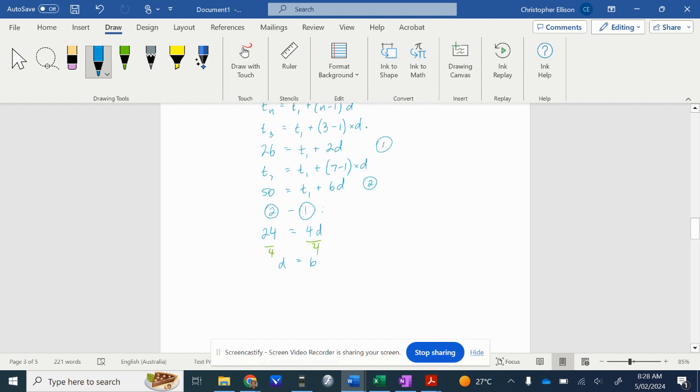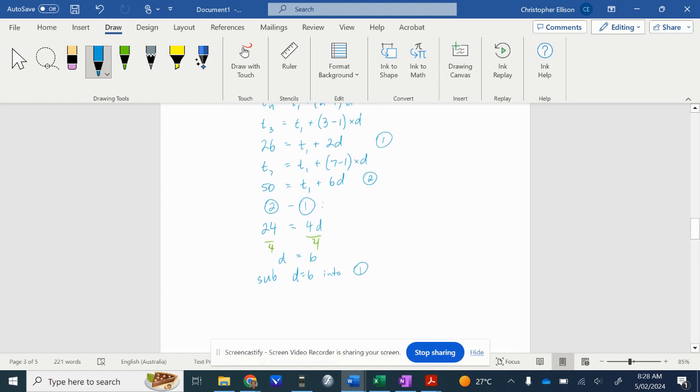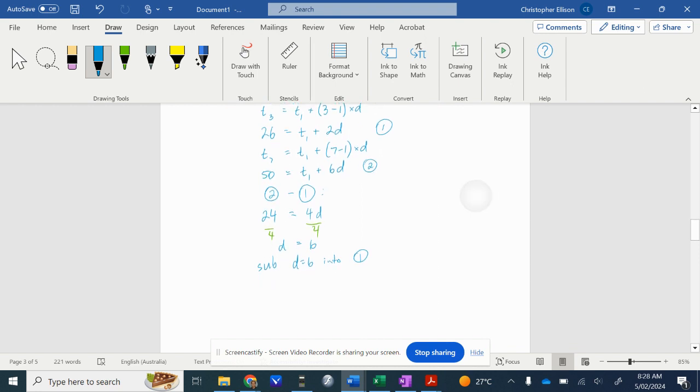Okay, now we've got to sub d equal to 6 into either of the two equations. Equation 1's fine. And what we're going to do that for is we're going to work out what T1 is. So here's equation 1. Equation 1 is 26 equals T1 plus 2 times by d.